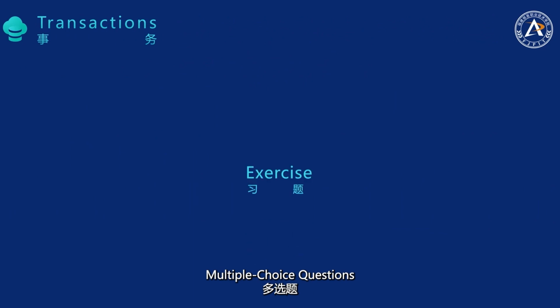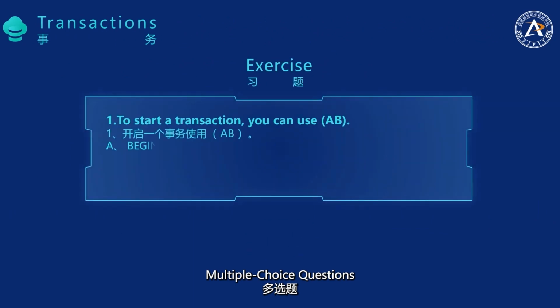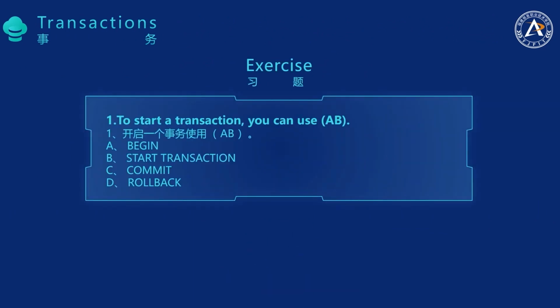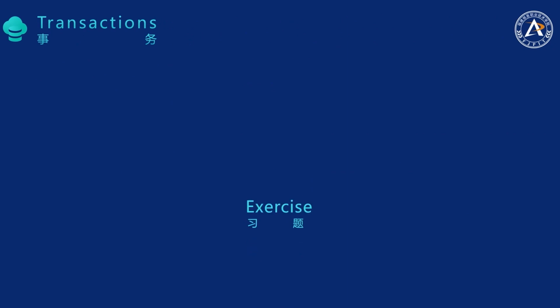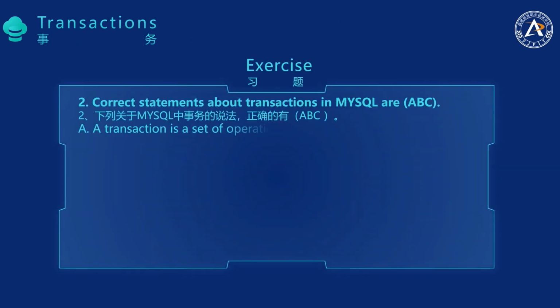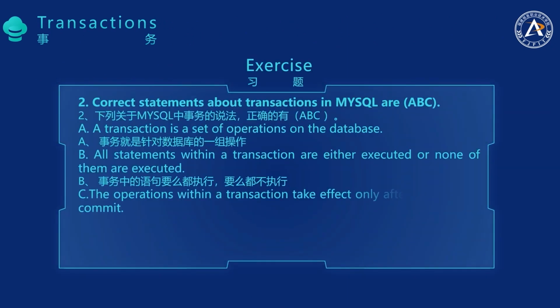Multiple choice questions. Select more than one answer choice. First, to start a transaction, you can use A. Begin. B. Start transaction. C. Commit. D. Rollback. Second, correct statements about transactions in MySQL are ABC.